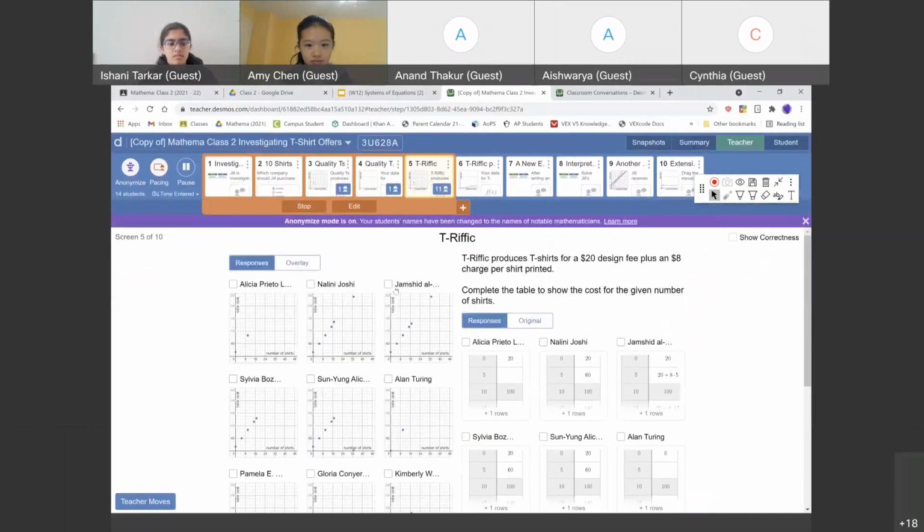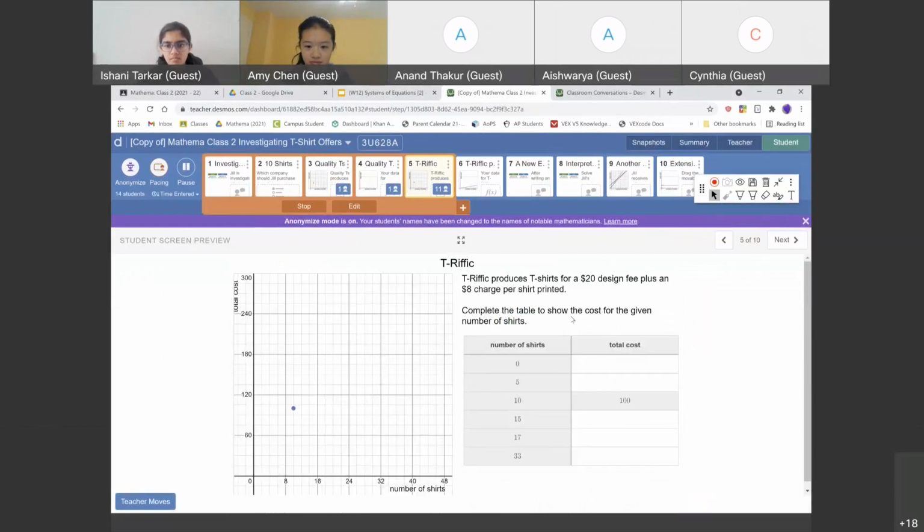I just copied the equation and replaced it. So yeah, that's pretty much what you do. But since it calculates, it's not that hard. Yeah.